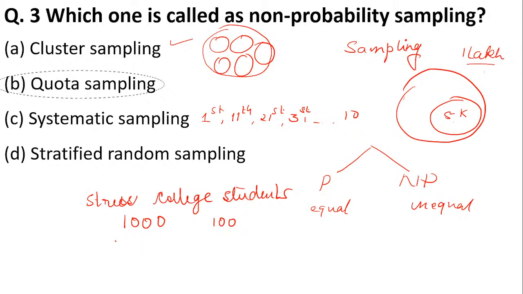If the college has 600 boys and 400 girls, in your sample you will take 60 boys and 40 girls. Like that you are giving a quota to the sample also, and quota sampling is a kind of non-probability sampling. Okay, got it?